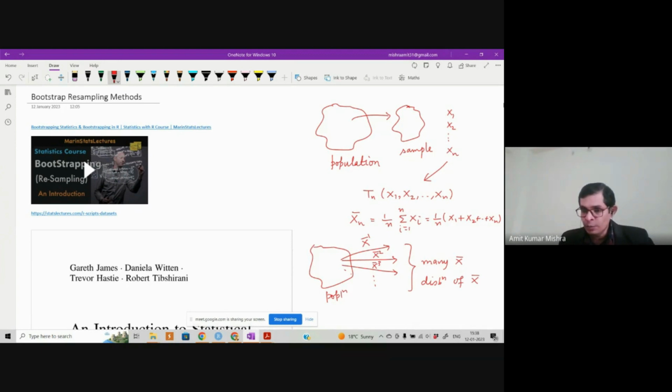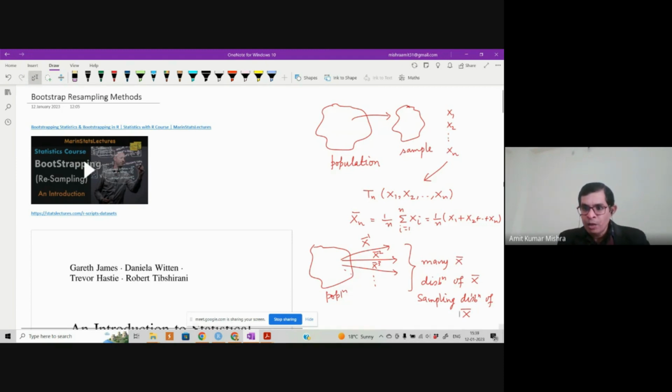From the original population you are taking several samples, and for each sample you are finding the mean. For example, with 100 samples you will have 100 means. If you find the distribution of these x bars, we call it the sampling distribution of x bar. These things you know.